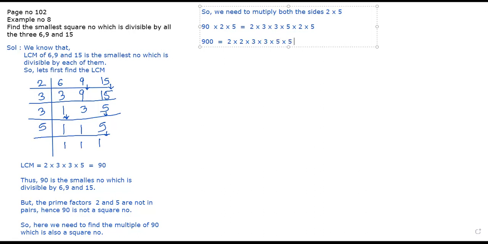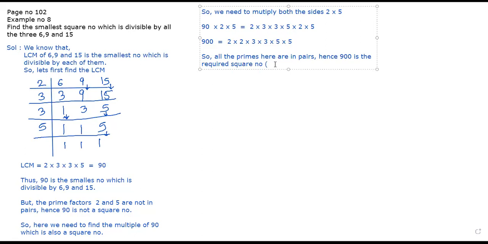So now all of them are in pairs. Yes, sir. So all the primes here are in pairs. Hence, 900 is the required square number, in brackets multiple of 90.